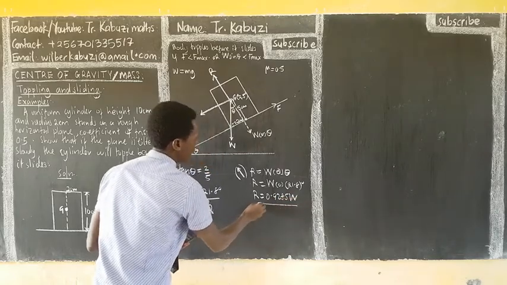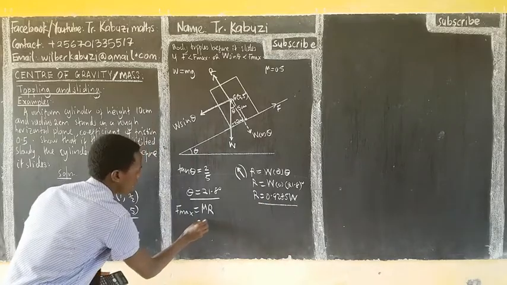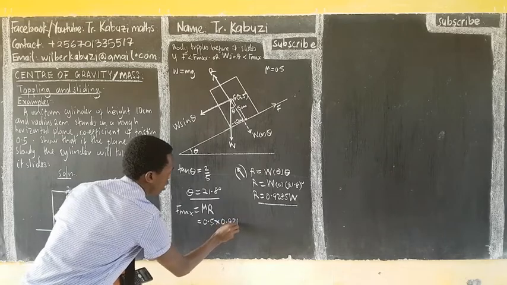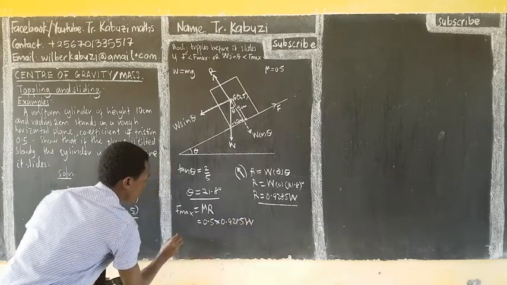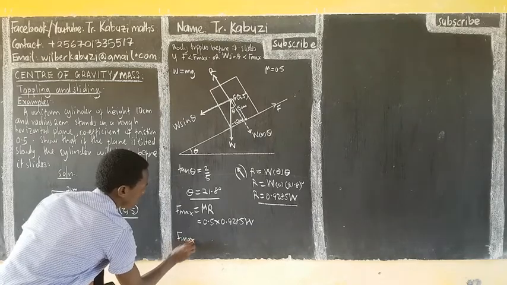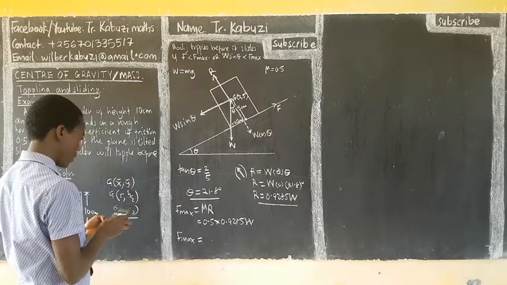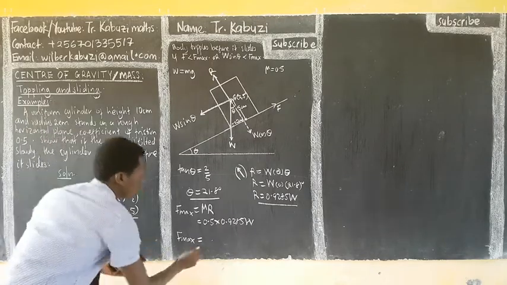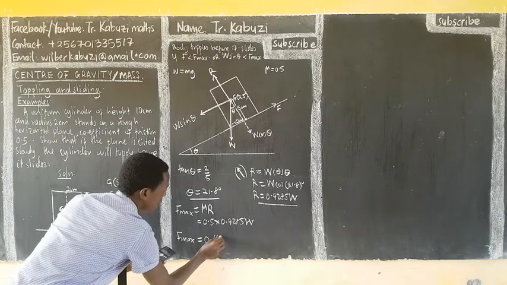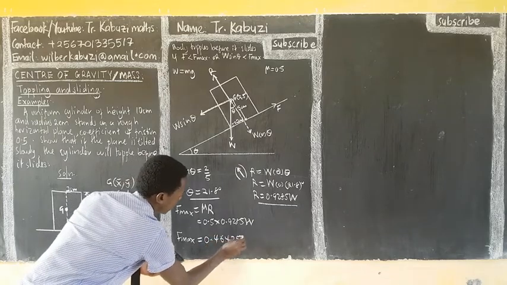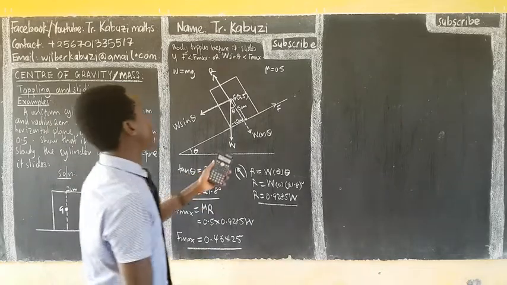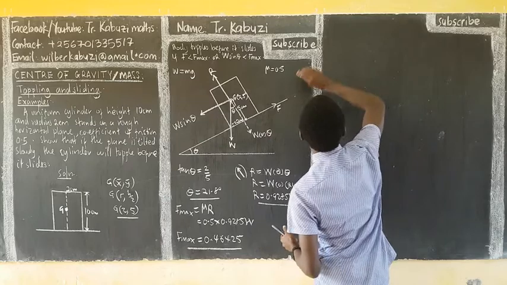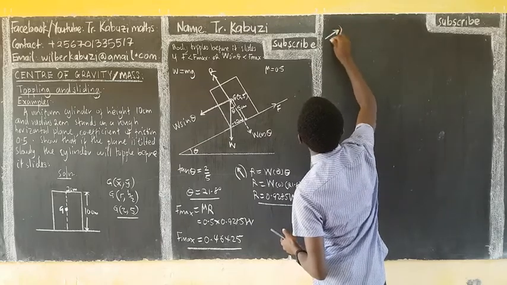If I put it here, F max is going to be 0.5 times 0.9285 W, giving me 0.46425 W. Now I resolve along the plane.